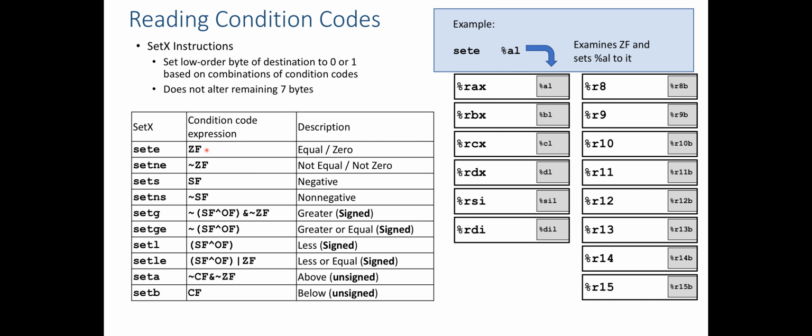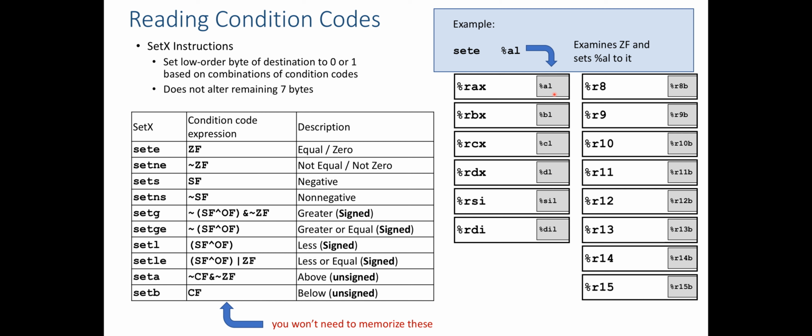And so assume we've done a compare, and now if the 0 flag had been set, then this set E is going to set the AL register to a 1.